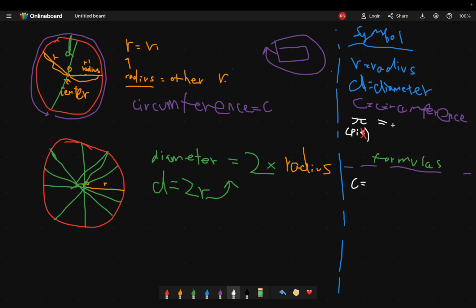It's always just going to be, actually I should say, almost equal to 3.14. That's all they're going to use to quiz you. If they don't mention it specifically, just use 3.14. But hopefully all of them are going to mention it specifically. So pi is almost equal to 3.14.